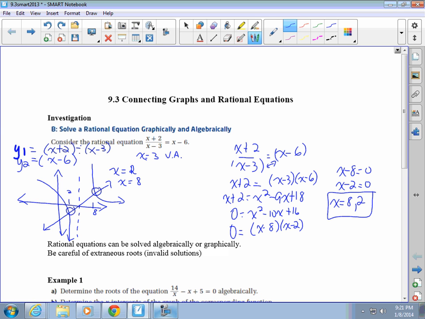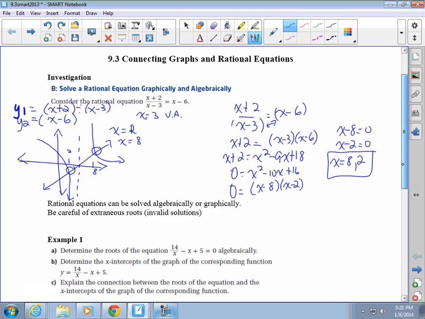If I substitute 8 in here, I'd have 8 plus 2 is 10, over 8 minus 3 is 5, so 10 over 5 is 2, and 8 minus 6 is 2, so I'm good. If I try the 2, 2 plus 2 is 4, 2 minus 3 leaves me with negative 1, so I would have negative 4, and 2 minus 6 is negative 4. Left equals right, so I'm okay.